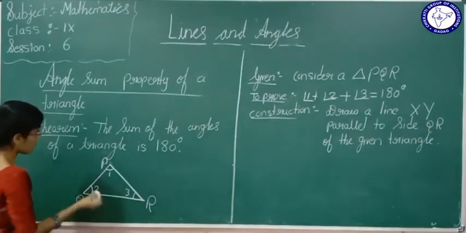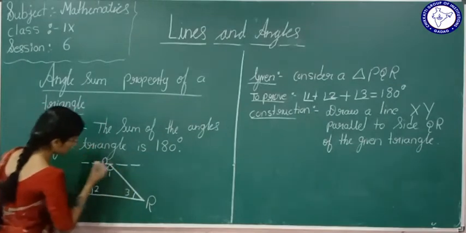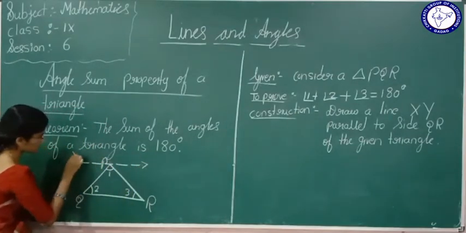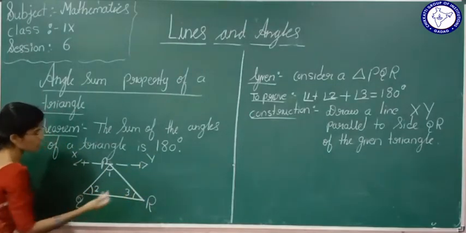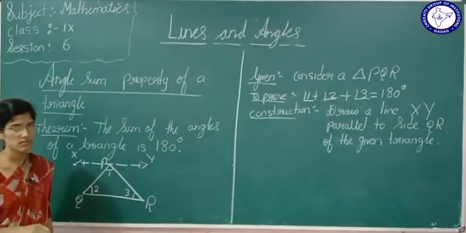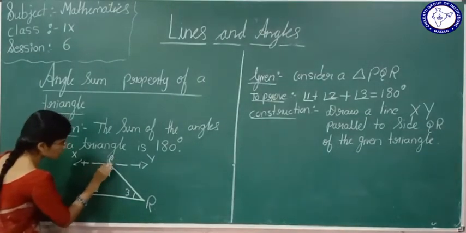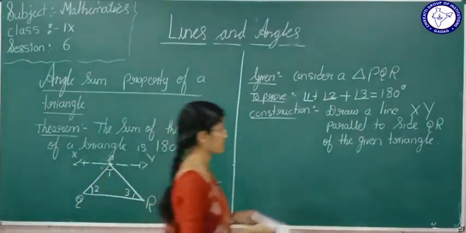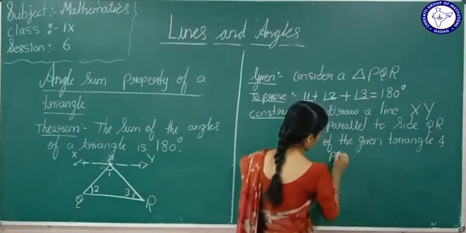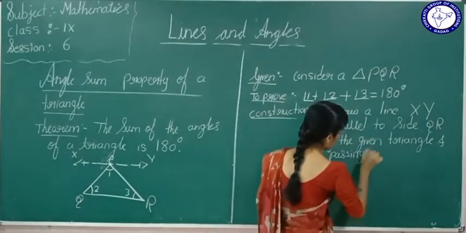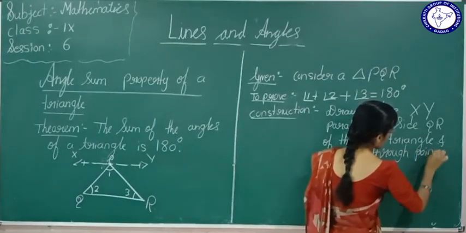We will draw a line XY parallel to QR of a given triangle. Okay, through point P and passing through point P.